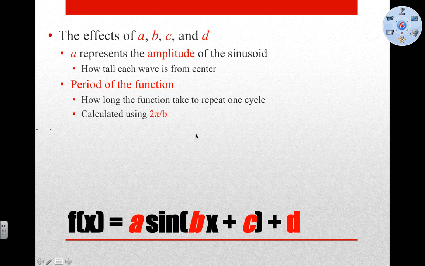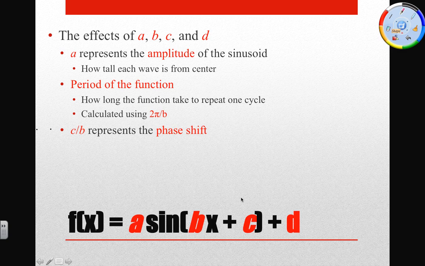This takes a lot of practice, guys. That's why we're going to spend more than a week on this, on graphing. The phase shift. We need to know this terminology. But this is called, in our normal terms, a horizontal shift.